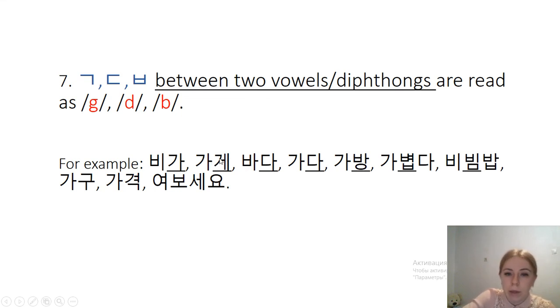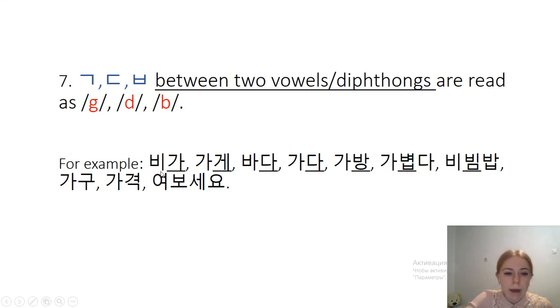It's two vowels, and we read g in the middle of them, it's 가게. Here is the same, but d sound. It's between two a. 바다, d, 바다.